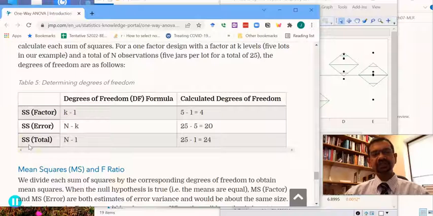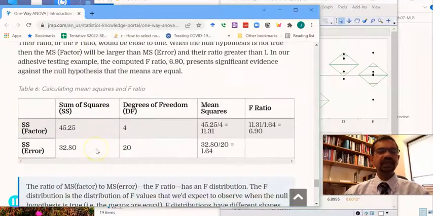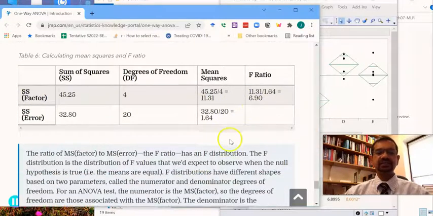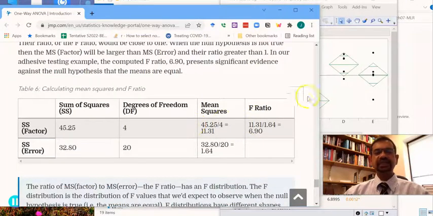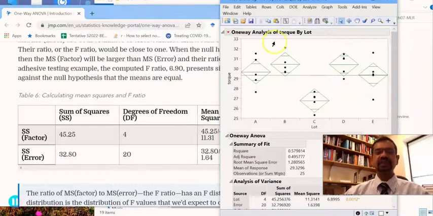And for the total, it is our sample size minus 1. And the F-test is constructed as the ratio of the mean square factor and the mean square error. These numbers can easily be obtained from our table.